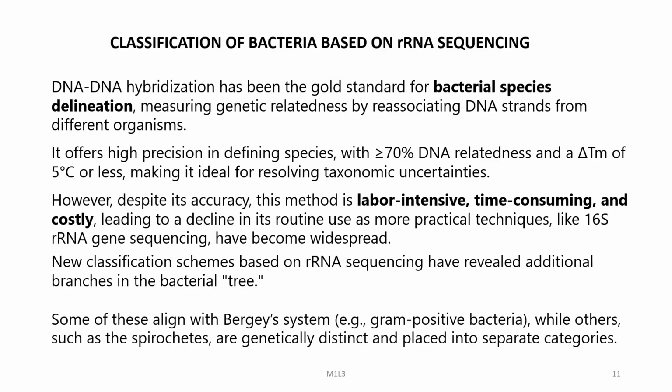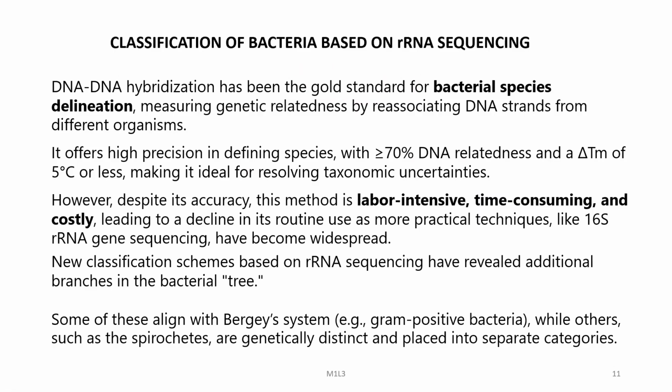DNA hybridization offers high precision in defining species with 70% or more DNA relatedness and a melting temperature difference of around 5 degrees centigrade or less, making it ideal for resolving taxonomic uncertainties. For this reason, it is called the gold standard for bacterial species delineation.